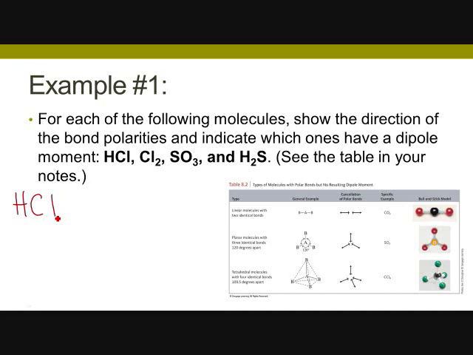So the way that I did it was I drew a Lewis structure, which again, we did in Chem 1. We haven't talked about it yet this year, but it has to do with the valence. Do you guys remember, hydrogen has 1 valence, so you put 1 dot, and chlorine has 7 valence, so you put 7 dots.